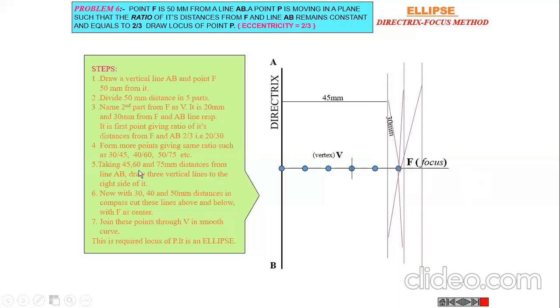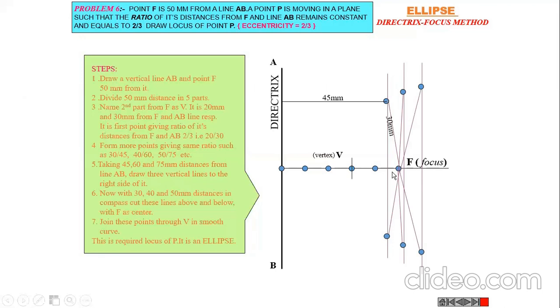Then take 40 in your compass and cut the second line on both sides, upper and lower. Then take 50 in your compass and cut the same way on both sides. These are my required points, that is 1, 2 and 3. Same here, 1, 2 and 3 on both sides.